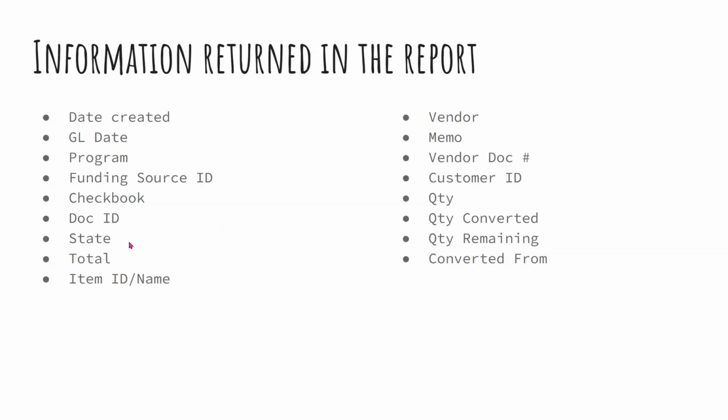The state of the document: if we're looking for just something that's pending or partially converted, we can do that and see that on this report. The total, the item ID being used, the vendor, the memo, vendor document number, customer ID if we're using a customer, and some quantity information if we're doing a blanket purchase order. And if it was converted from another document, it'll have a link to the document that it was converted from. So we get a lot of information in this report.